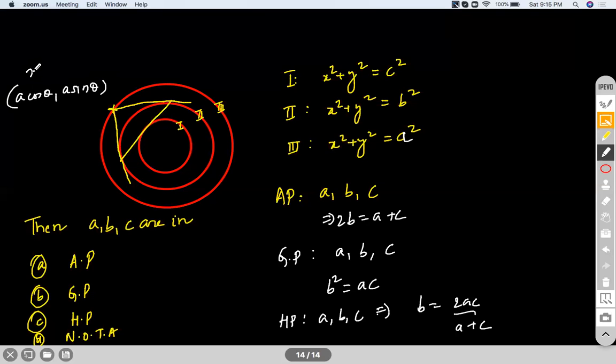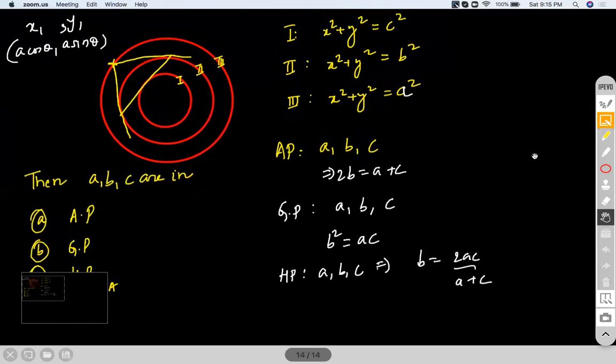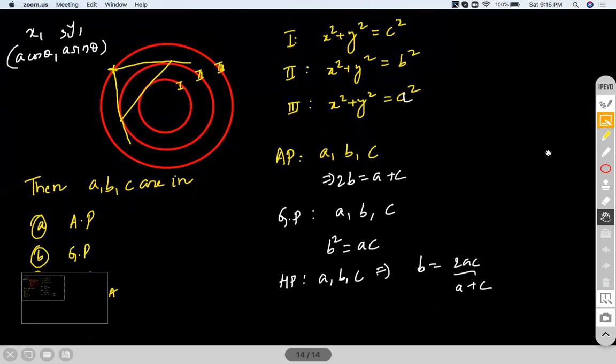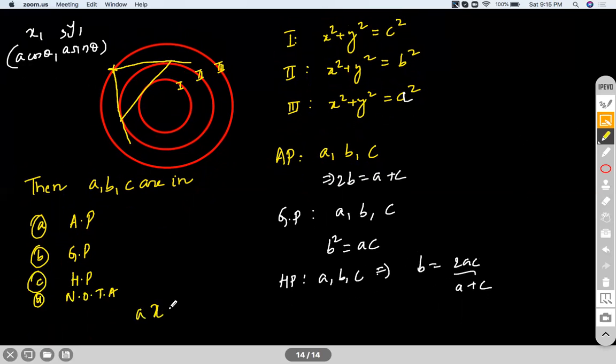Now treat this in your mind as your x1, y1. So what is the equation of a chord of contact? That's x x1 plus y y1 equals b square, so it would be ax cos theta plus ay sin theta is equal to b square.